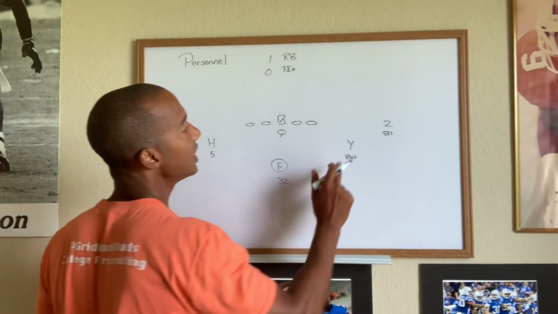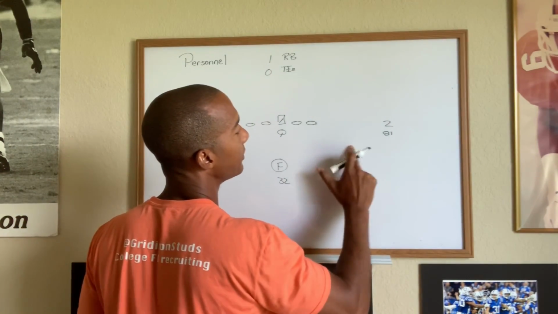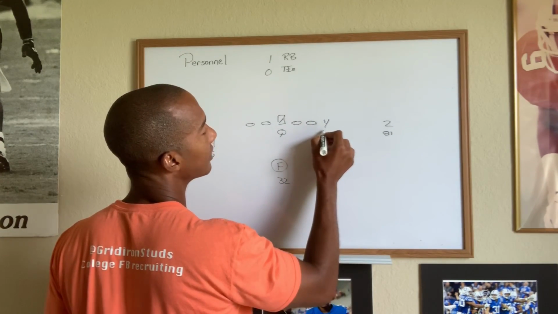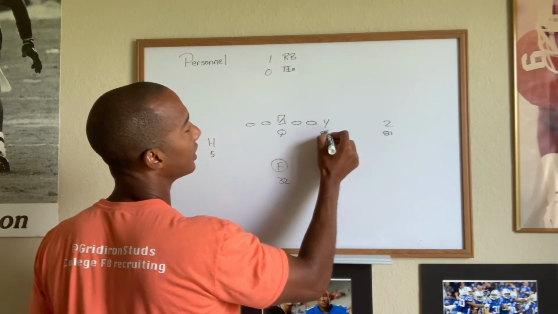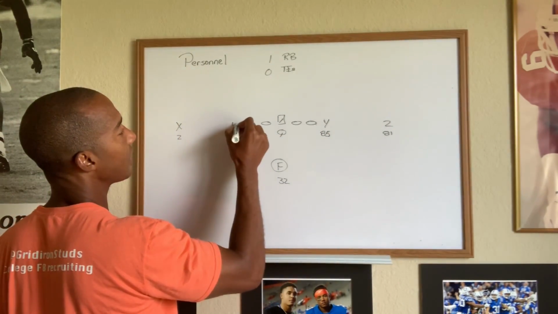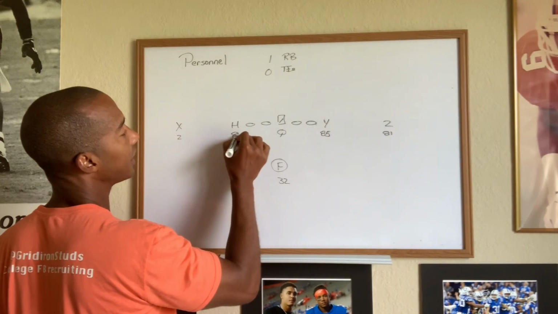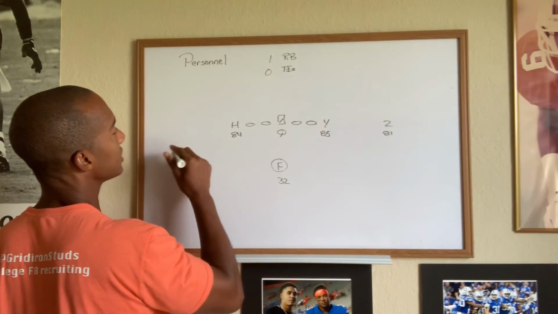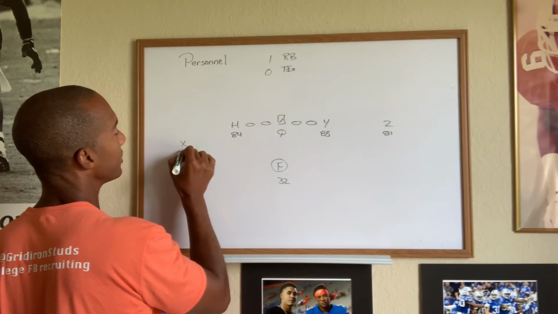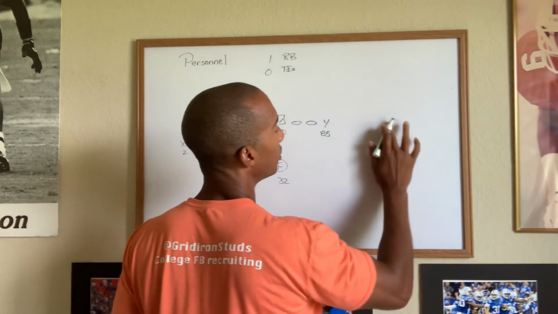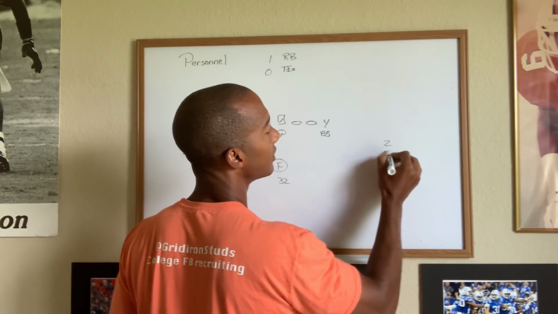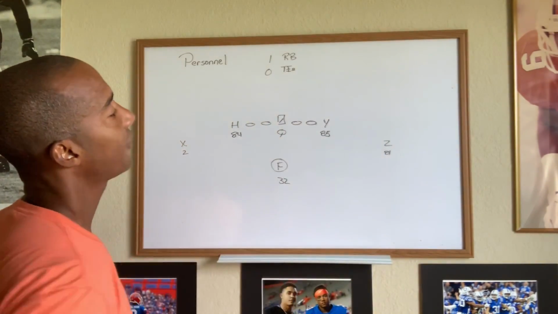So let's say they came in and they put number 85 here at the Y. And let's say they came out and, instead of number 5, they had number 84 in here at this position. And just to keep things the right way, we'll put him off the line of scrimmage and we'll say that that's number 2. We'll pull Z off the line of scrimmage just to keep things the right way. 84 and 85 are in the game.